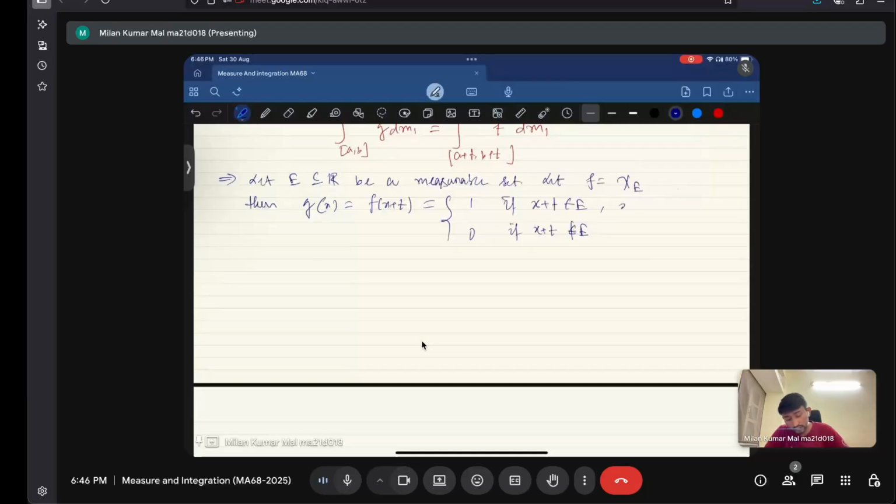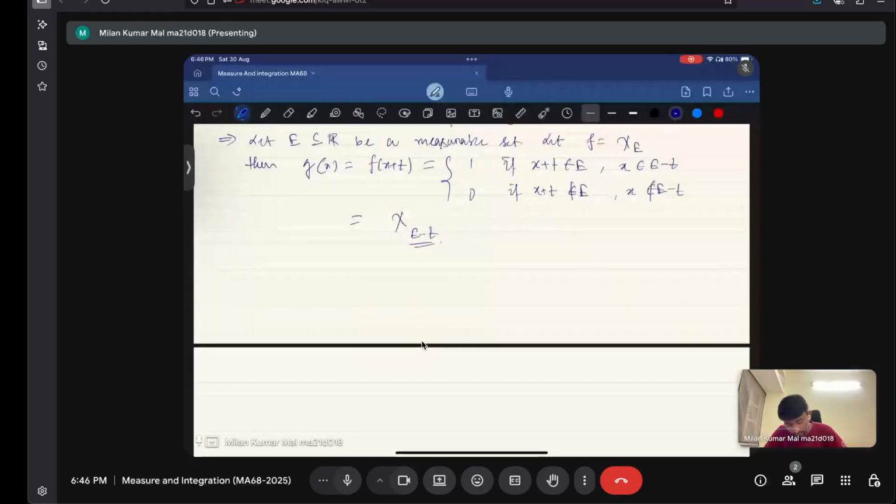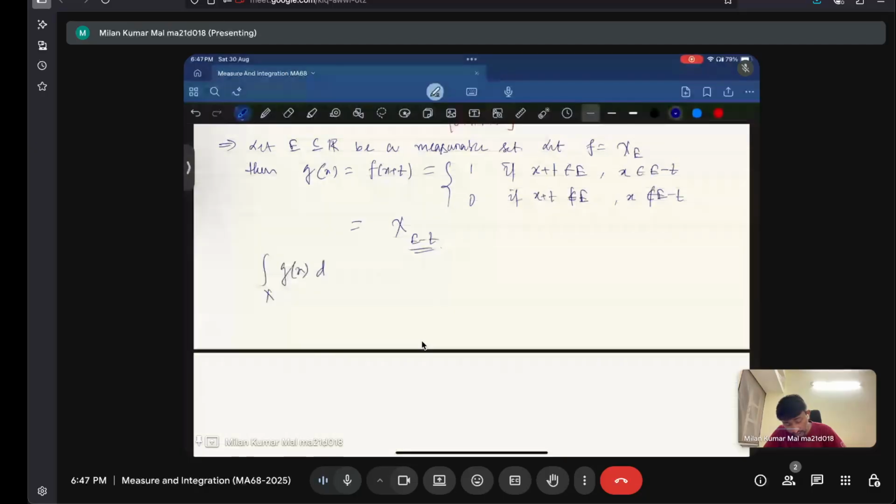So now the integration of g of x over the set, with respect to d mu, that is dm1 basically, equals the integration of the characteristic function of E minus t dm1.